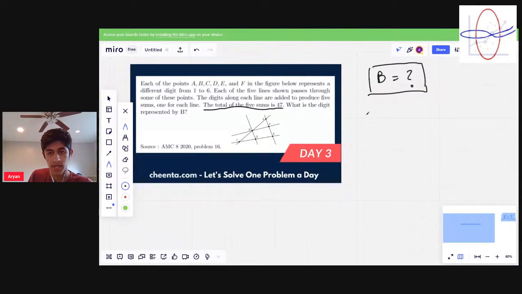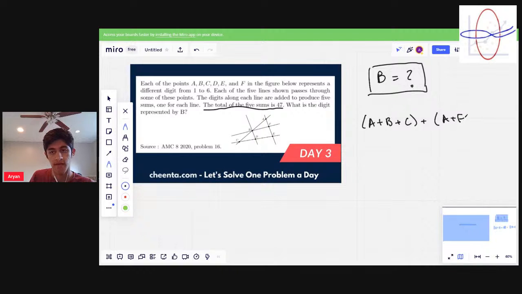So our first line is the line defined by the sum A plus B plus C. And that right here is this line right there. So that's A plus B plus C. Now we have our next sum, which we could say A plus F plus E, which is this line down here, right?